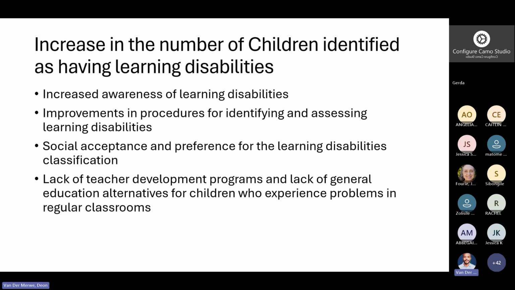And then we also have the social acceptance that plays a part in the increase. A lot of parents, as well as school administrators, prefer to classify a child's condition as learning disability because it comes with less stigma than other labels that have been used in the past.